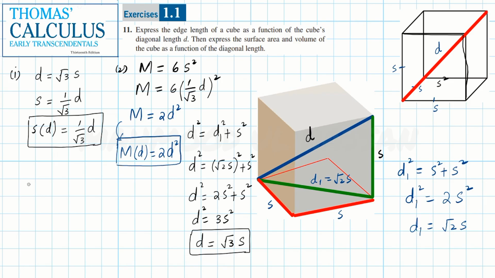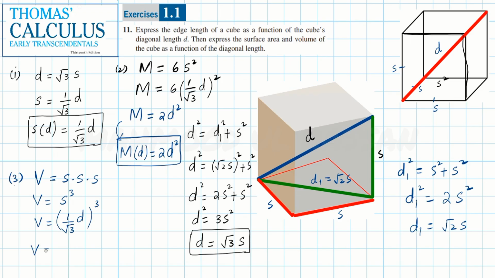Got it? Now the third part of the question is to express the volume also as a function of the diagonal length. We know that the volume is length multiplied by width multiplied by height. Here the length is s, the width is also s, and the height is also s, so the volume is s cubed. Just put the value of s here. So v is equal to 1 divided by square root of 3 times d, to the power 3.